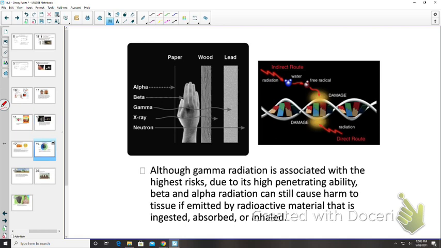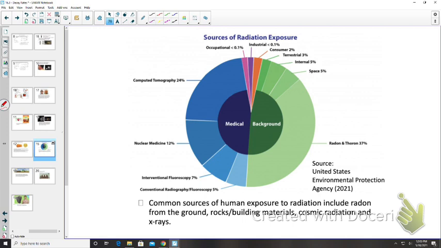Okay? So this image here is from the Environmental Protection Agency. I got this last week, so this is updated. And this just shows current or common sources of radiation exposure. The majority of our radiation exposure is from background exposure.